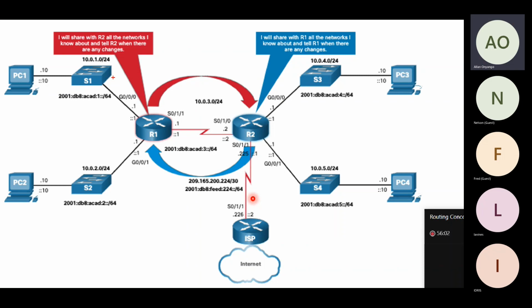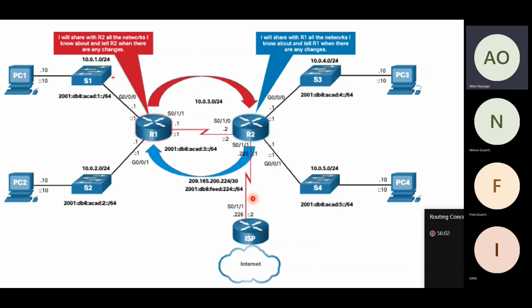So R1 is going to tell R2, Mr. R2, I know how to reach network 10.0.1.0, 10.0.2.0, and network 10.0.3.0. So R2 will receive that message, and R2 will also tell R1, R1, I know how to reach 3 networks, 10.0.4.0, 10.0.5.0, the route to the internet, and the link connected to R1. Okay.